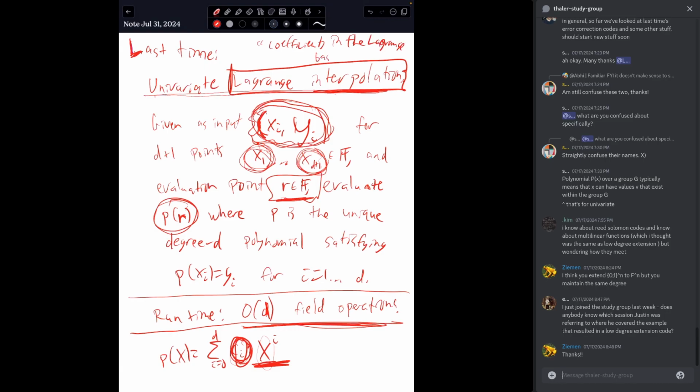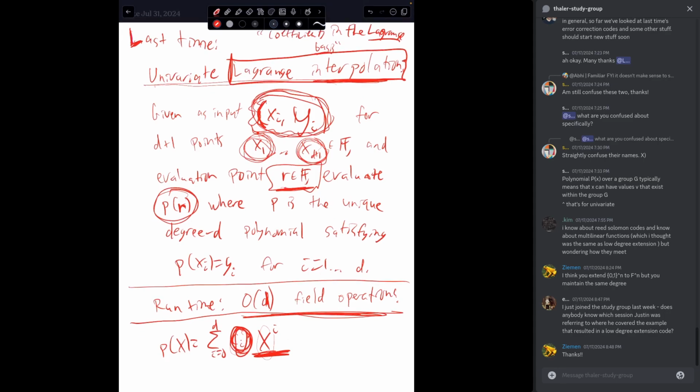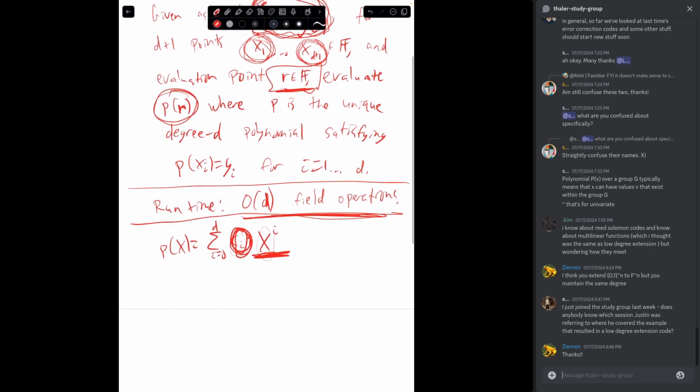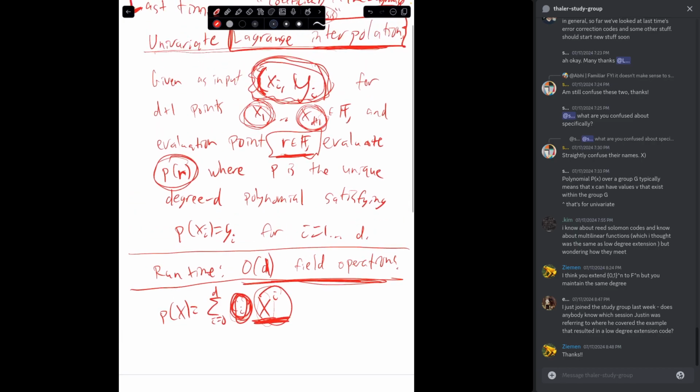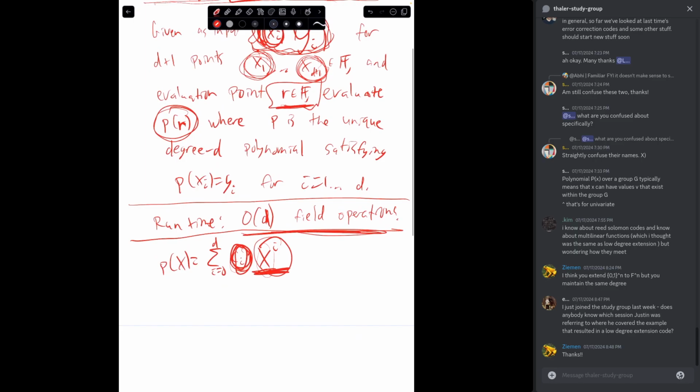We discussed this Lagrange basis last time, and for time reasons I won't recapitulate it, but basically it replaces powers of the input, the standard monomials, with other basis polynomials, each of which picks out one of the points in the interpolating set. So that's what we talked about last time.